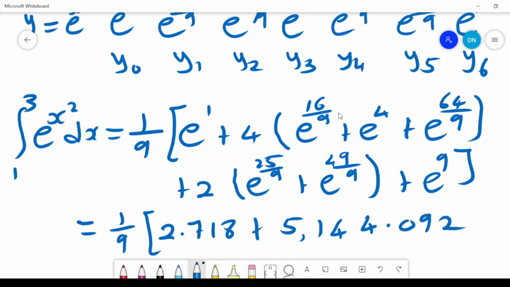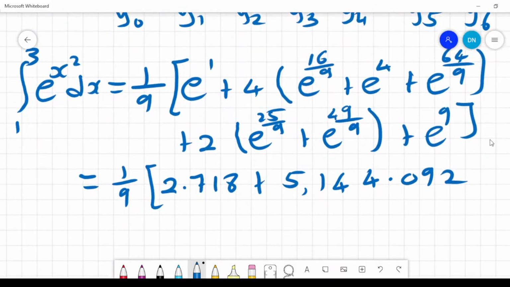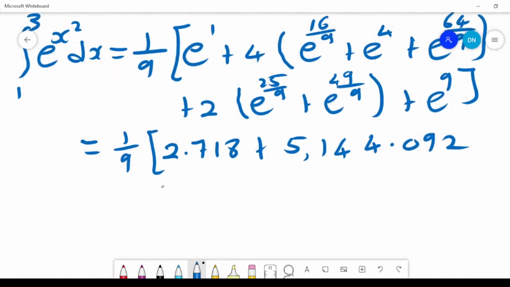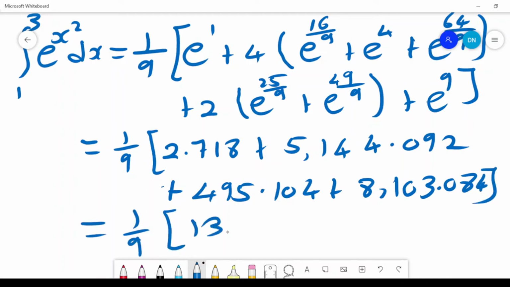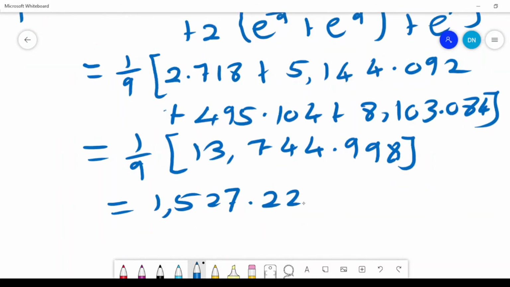And the third one is 2 times those 2 parts, which will give you plus 495.104. And then the last part, e raised to power 9, is 8,103.084. The sum is 13,744.998. So that's what we get, 0.22. And that is the numerical integration of that exponential using Simpson's rule.